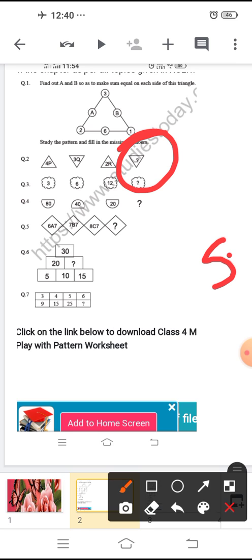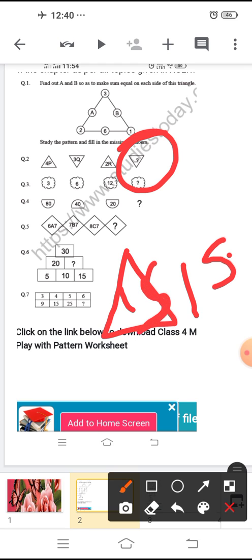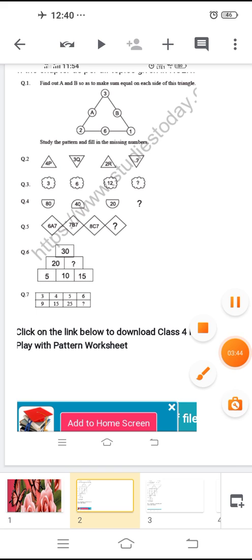But your number is in decreasing form, like 4, 3, 2, where 1 is subtracted each time. So that gives you the number 1. So the missing triangle should be 1S. You will write 1S in this triangle, so your pattern is completed.